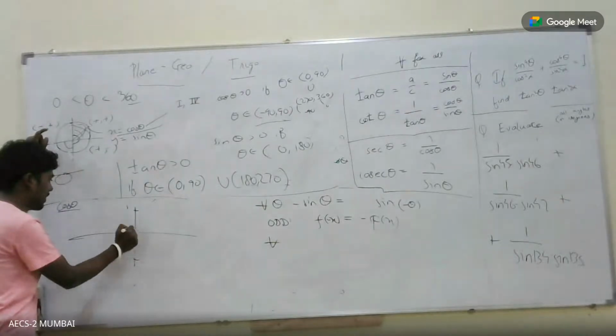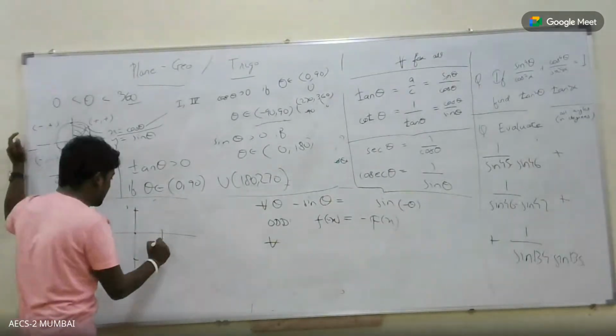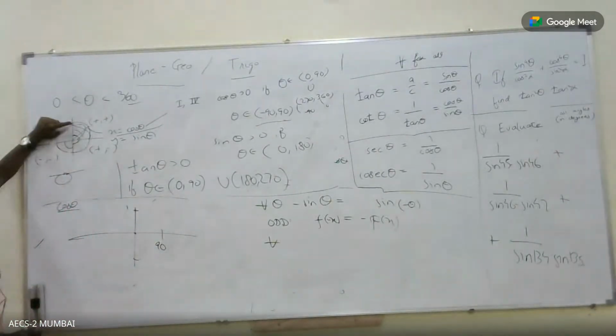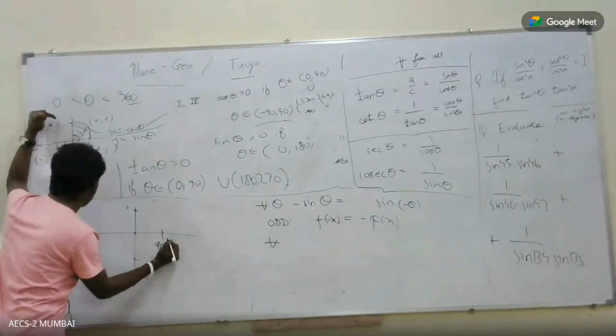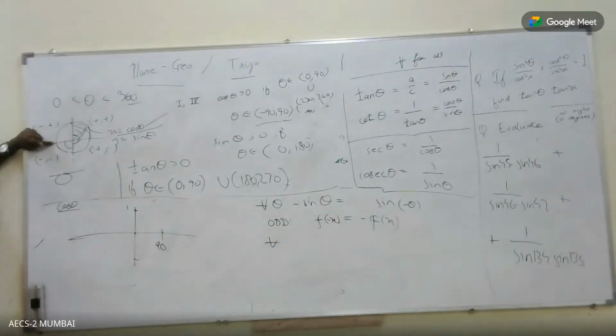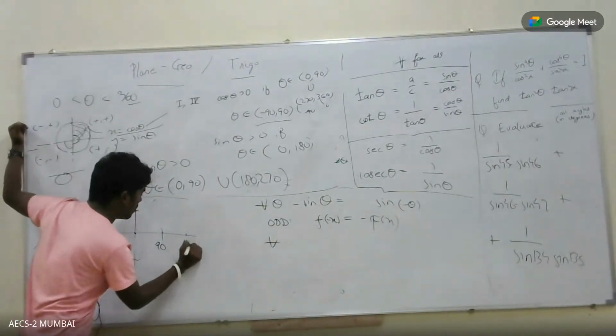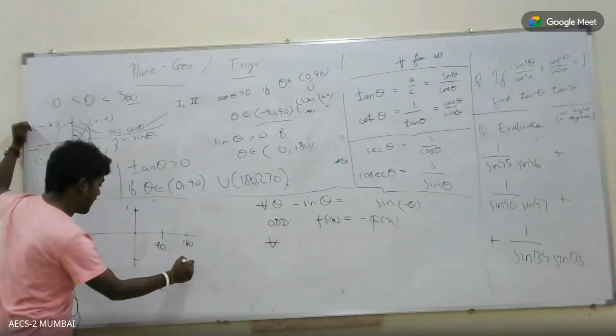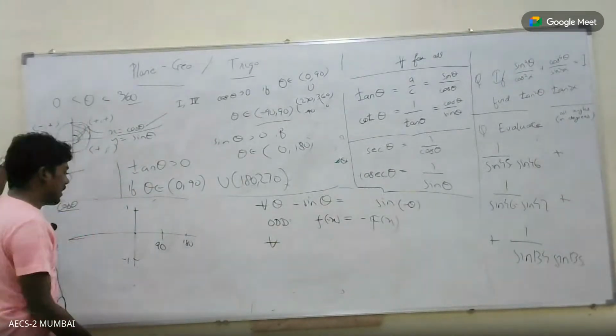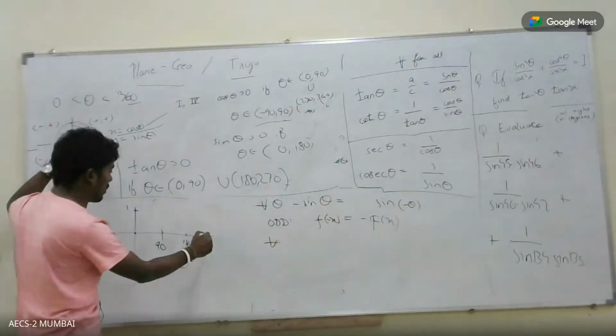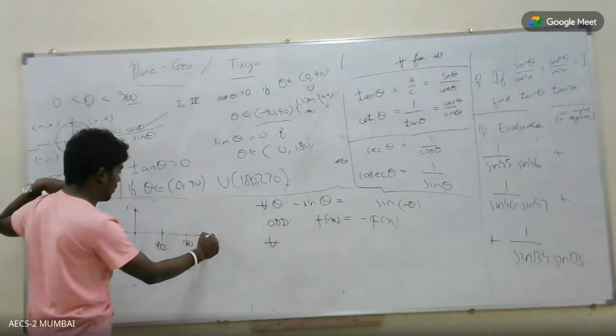Perfect. Cos of 0 is equal to 1. When I go to 90, we are at the top. What is the x coordinate here? 0. At 180, what is the x coordinate? Minus 1, right? And again at 270, what is the x coordinate? 0. Perfect.